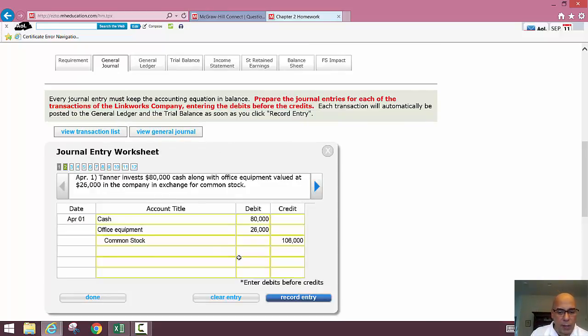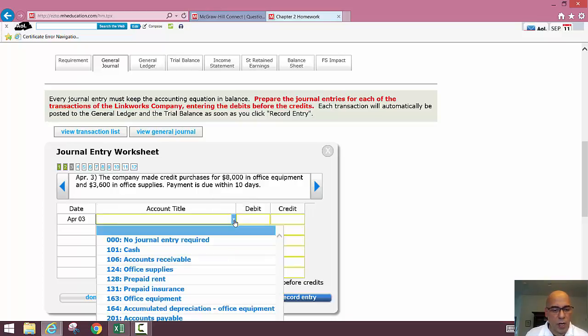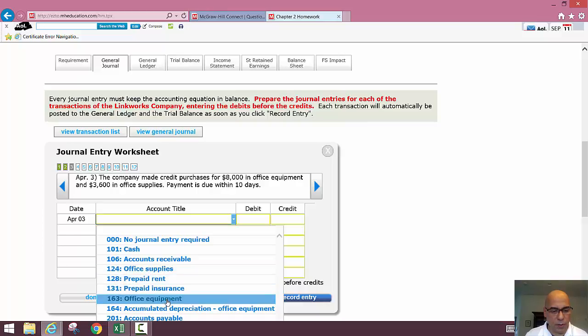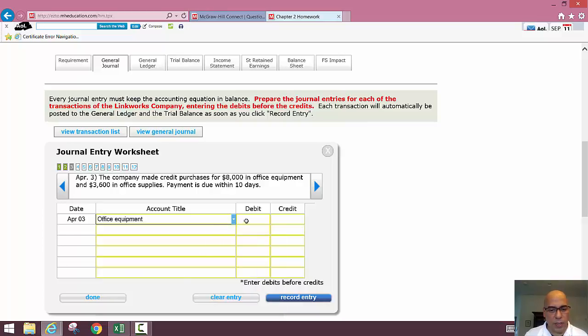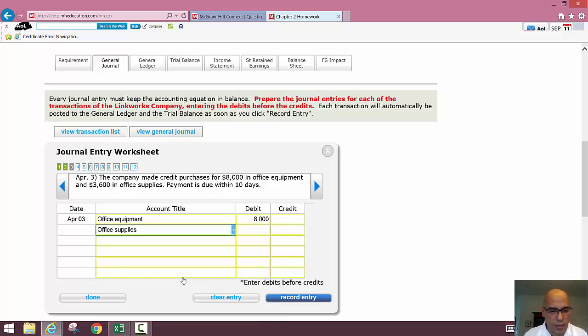Okay, there we go. And I'm going to do this transaction number 3 now that we were just looking at. So I go to my account title. If I'm purchasing office equipment and supplies, office equipment is going to be, well, there's my office supplies, office equipment, and that's $8,000 of office equipment, right? And my next account is going to be my office supplies. Office supplies right there.